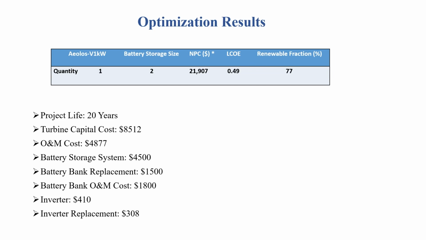The levelized cost of energy is 0.49, which is the average generation cost of the wind turbine system in its lifetime, and the renewable fraction is 77%. That means 77% of the required energy can be generated by the renewable energy sources.